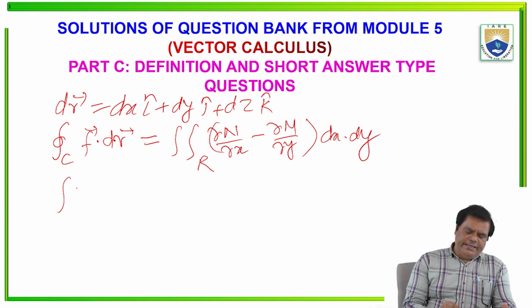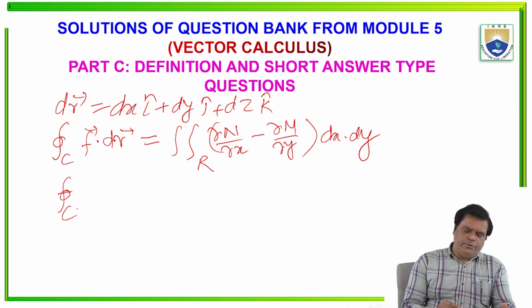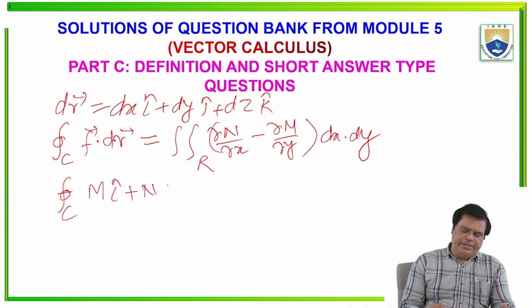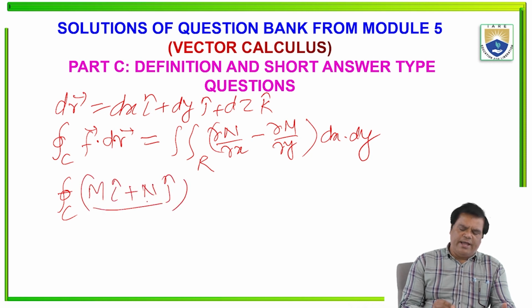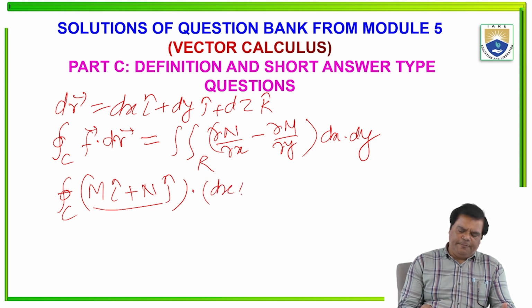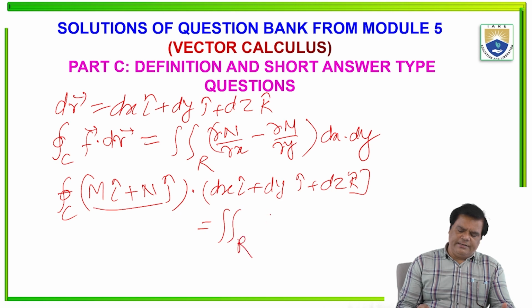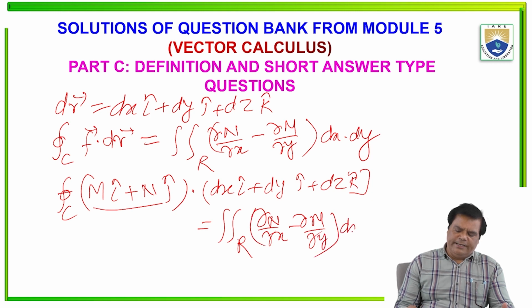So the integration over C of f vector, mi plus nj, which is a two dimension vector, dot dxi plus dyj plus dzk, equals the integration over region R of dou n over dou x minus dou m over dou y, dx dy.